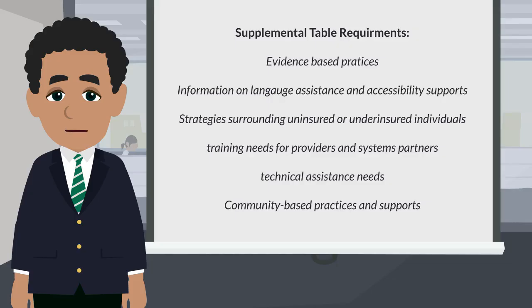This table mirrors the structure used in the previous treatment needs assessment and includes identification of evidence-based and promising practices, information on language assistance and accessibility supports, strategies for serving uninsured or underinsured individuals, identification of training needs for providers and systems partners, identification of technical assistance needs, and description of relevant community-based practices and supports.